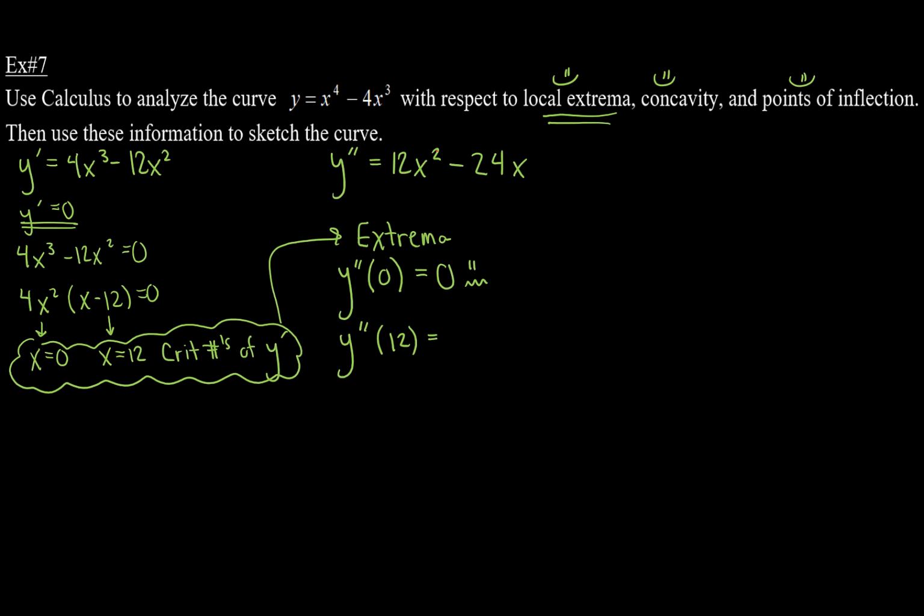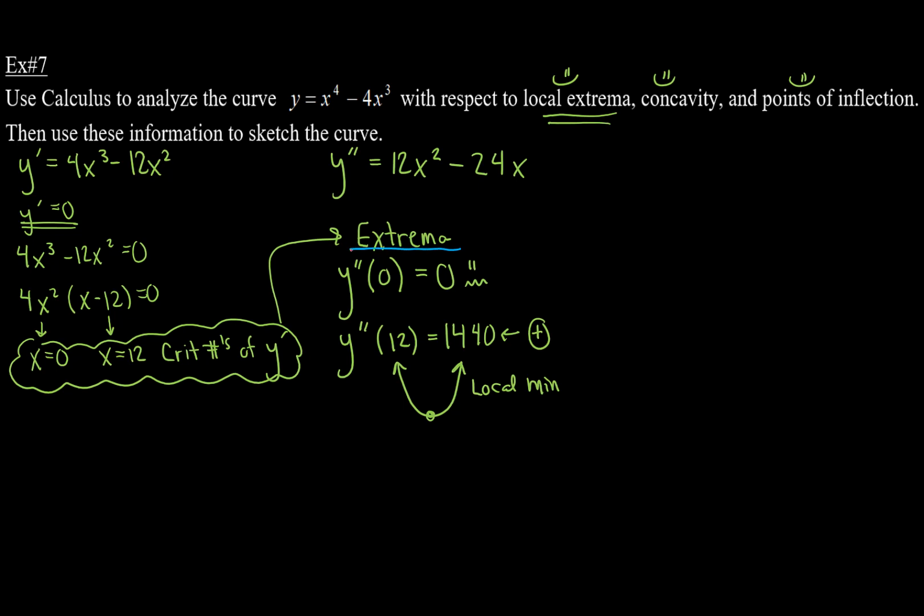Let's plug it in and find out. I'm going to get a whopping 1440. Now, I actually don't care about the number, but I care about the fact that it's positive. So that means at 12, it's concave up. So I know that I've got a local min at 12.